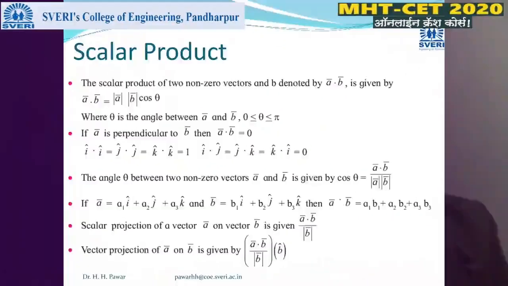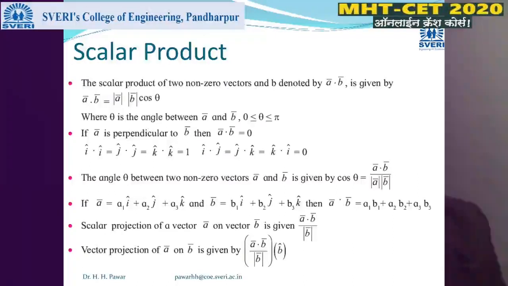For finding angle theta between two non-zero vectors a bar and b bar, it is given by cos theta is equal to a bar dot b bar divided by modulus of a bar into modulus of b bar. All the students, please take a note that definitely one example will be asked for finding the angle between any two non-zero vectors.